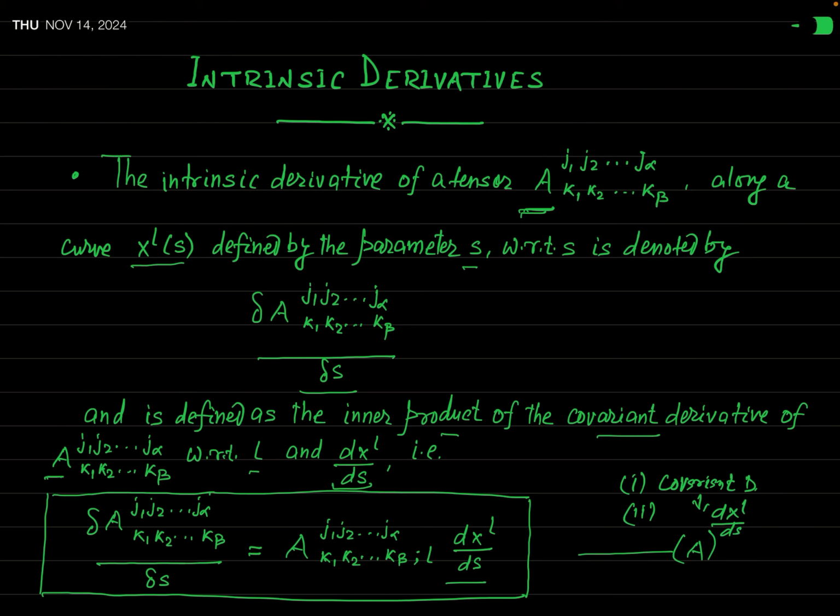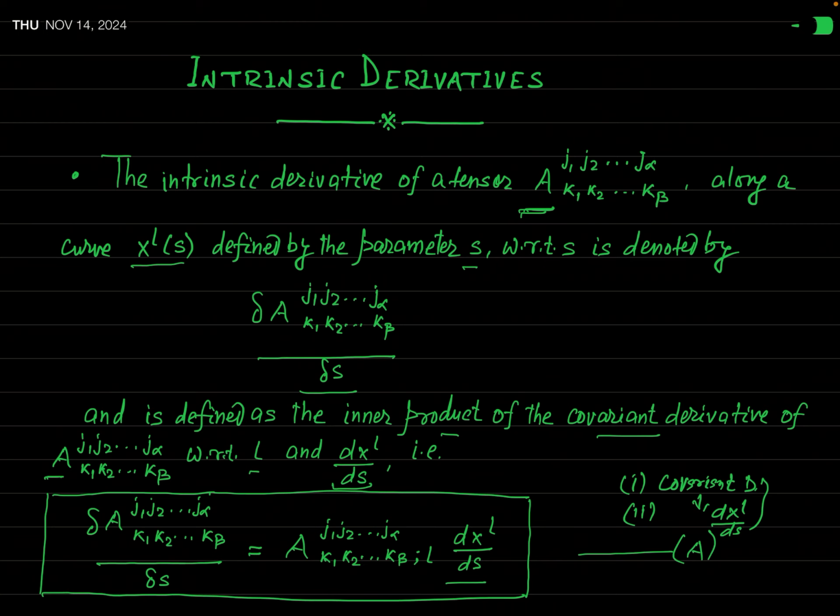And this inner product of the covariant derivative of the given tensor and dx^L by ds is actually the intrinsic derivative of the given tensor along the given curve. So I think you have clearly understood how this intrinsic derivative is denoted and how it is defined, and what we have to do for finding the intrinsic derivative of a given tensor.